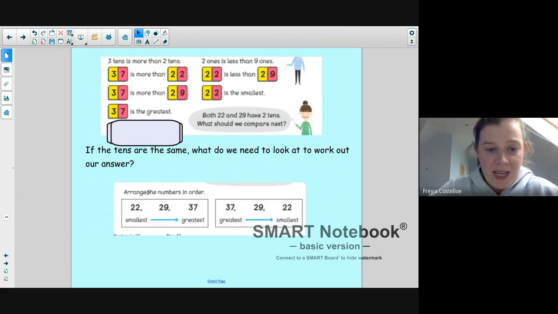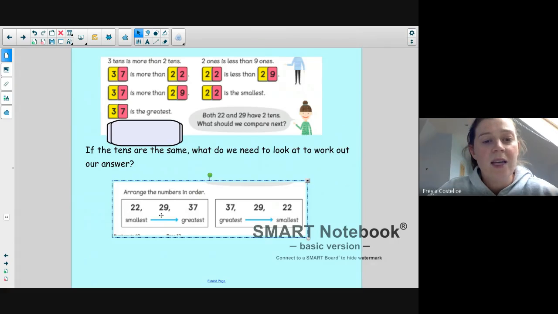So let's arrange these numbers in order. We need to start with the smallest and arrange them to the greatest. So we have got 22, 29 and 37.